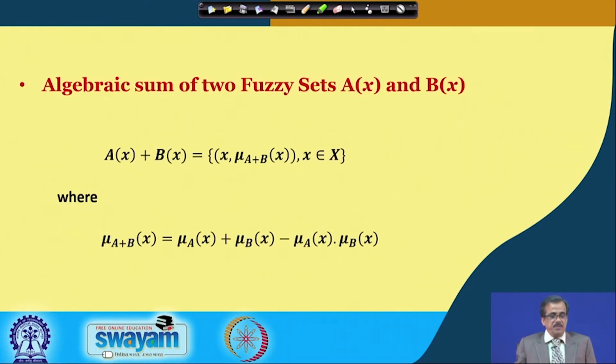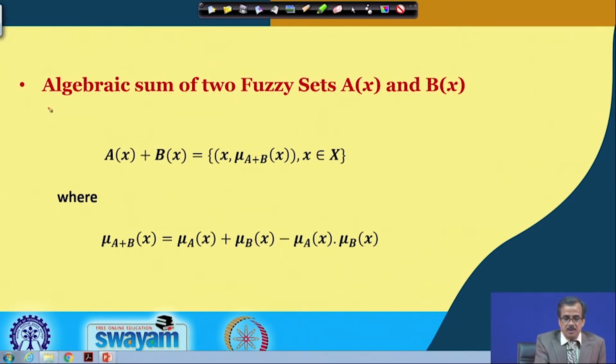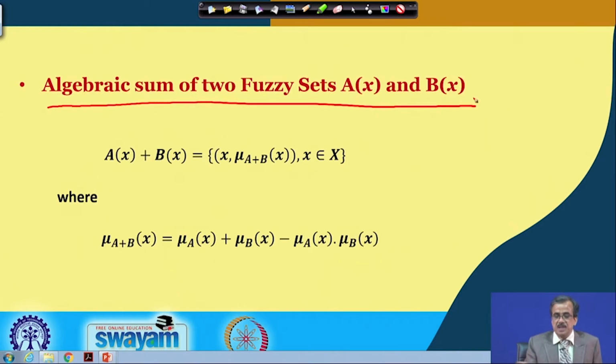Now, I am just going to find out how to find the algebraic sum of two fuzzy sets. Say I have got two fuzzy sets A x and B x defined in the same universe of discourse.